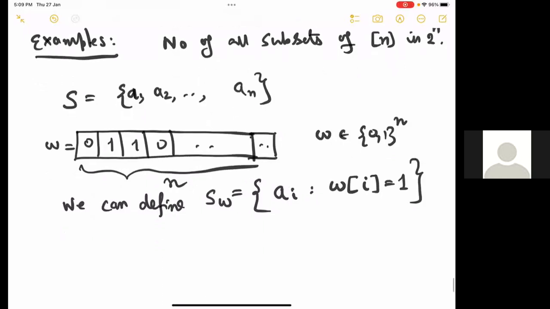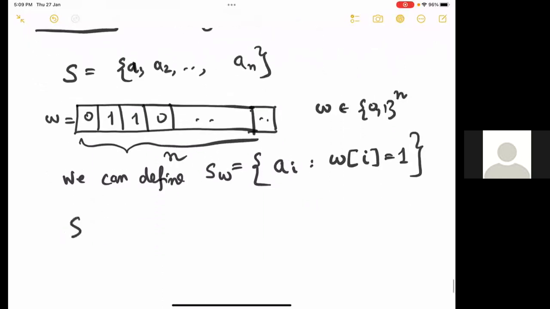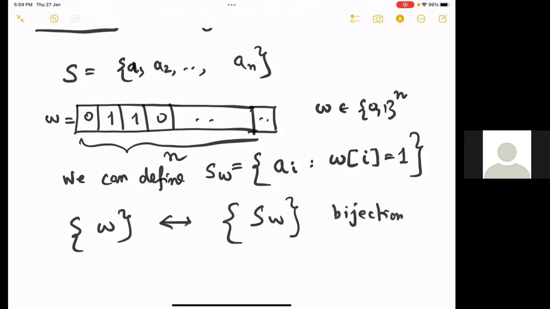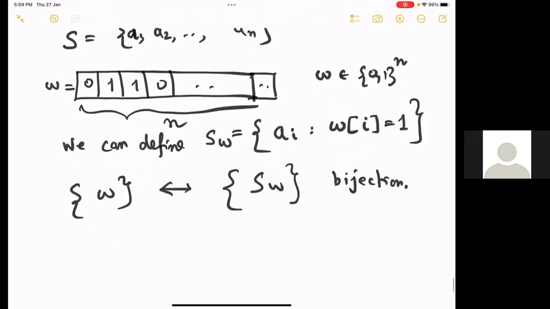And you can immediately say that the collection of all such w and the collection of all such S_w is a bijection. You can go back and forth from one to the other. And since the cardinality of this side is 2 to the power n, the cardinality of this side is also 2 to the power n.